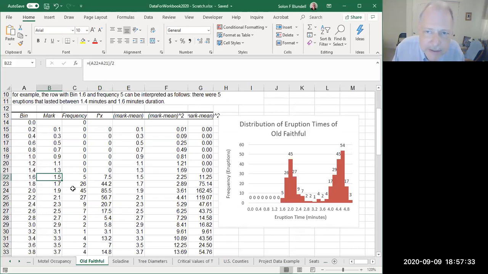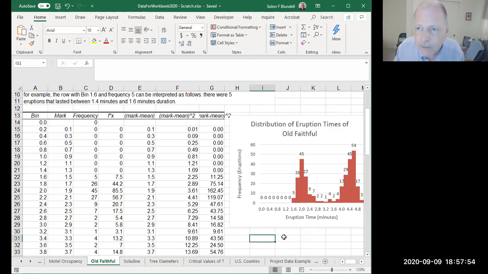And then I'll say 26 times 1.7, and 45 times 1.9. Just add all that up and divide by the 299. So let me write it as a formula on the graph paper.